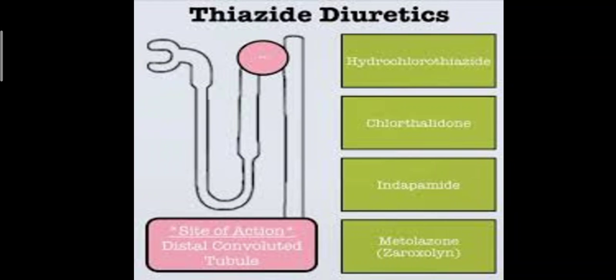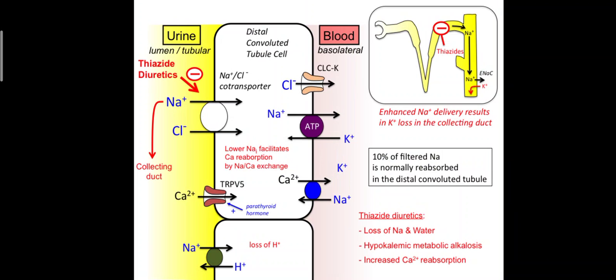And thiazide diuretics have their site of action on the distal convoluted tubule. Thiazide diuretics act on the sodium chloride symport, and the main action is loss of sodium and water, and it causes hypokalemic metabolic alkalosis and increased calcium reabsorption.